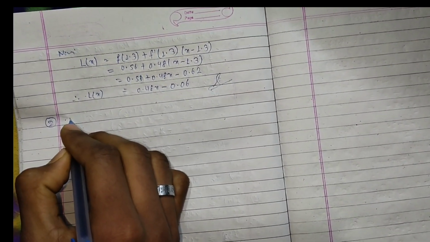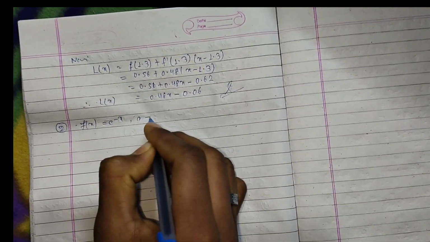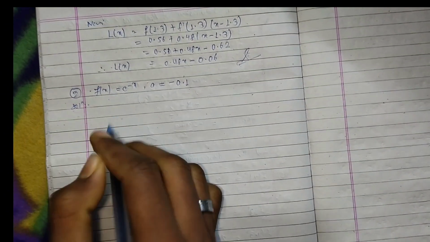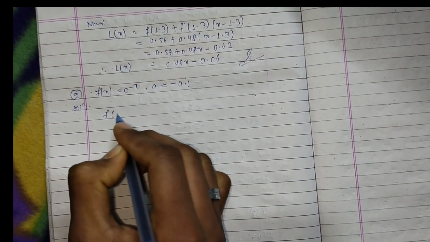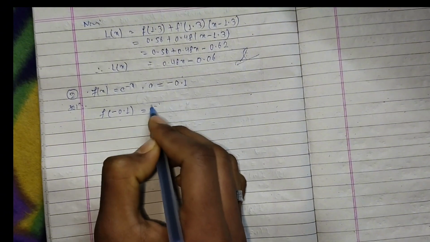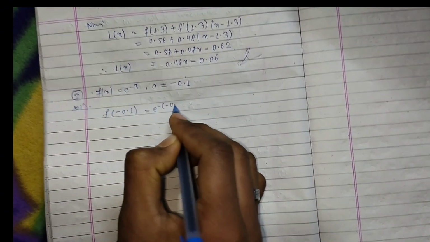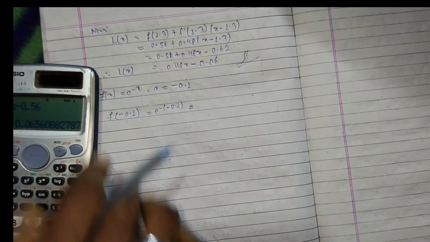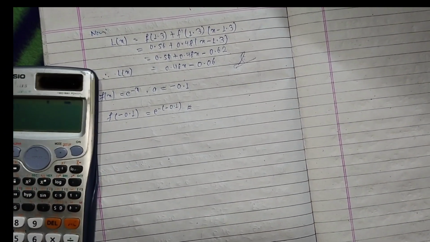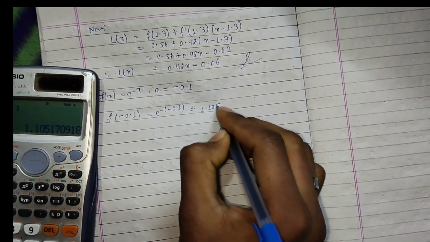So next question, f(x) equals e to the power minus x at x equals minus 0.1. So we will find the value: at x equals minus 0.1, e to the power minus x, we will put the value of x, and minus minus becomes plus here, so e to the power 0.1, we will get 1.105.